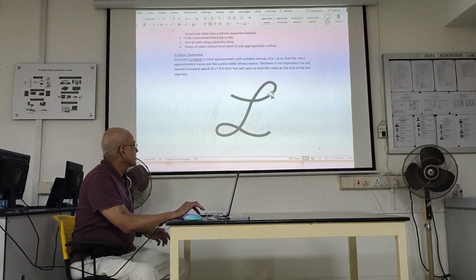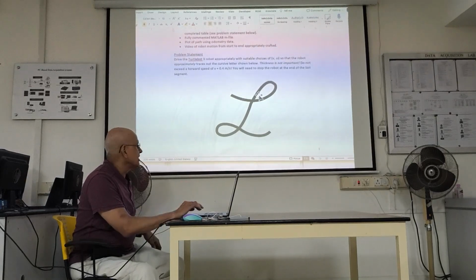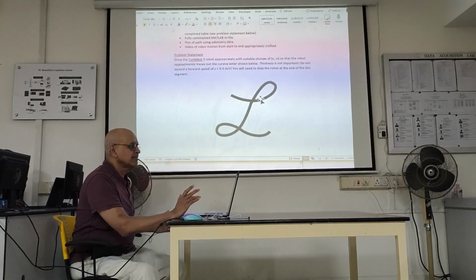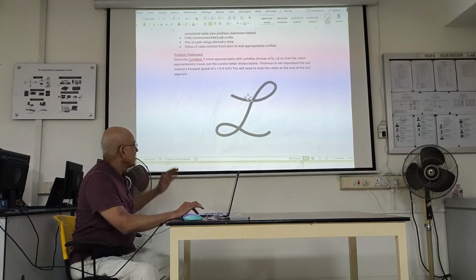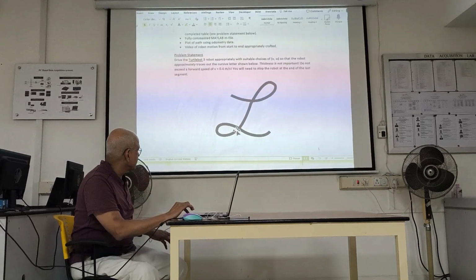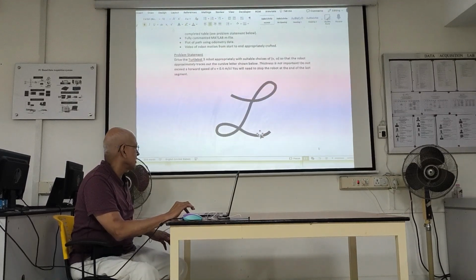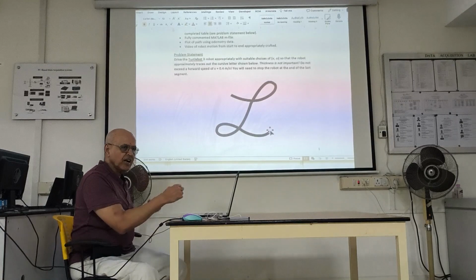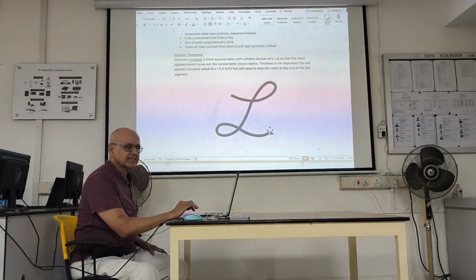But maybe it's two circles, right? So you'll find out when you do it, don't spend like 10,000 hours on it. If it looks like an L, it's okay. But maybe you want two circles here, another circle here, another circle here, and then two circles here, and maybe one or two circles here. So when you start doing it, you realize how many you need.